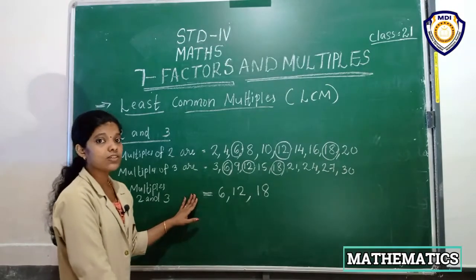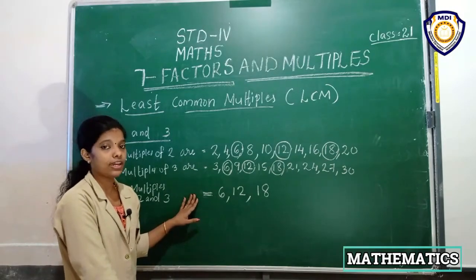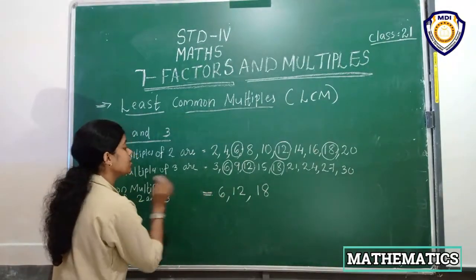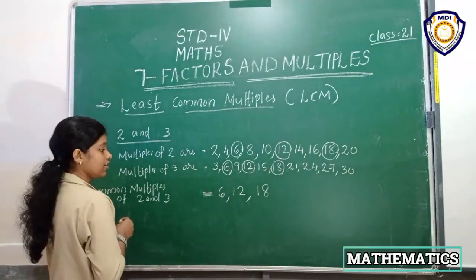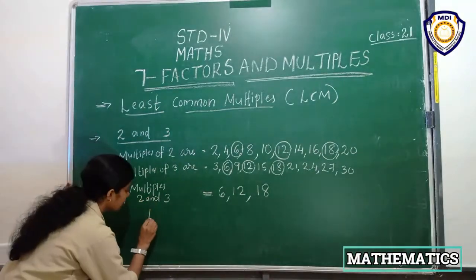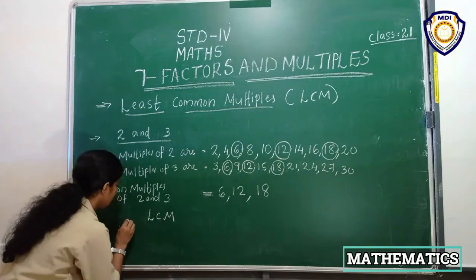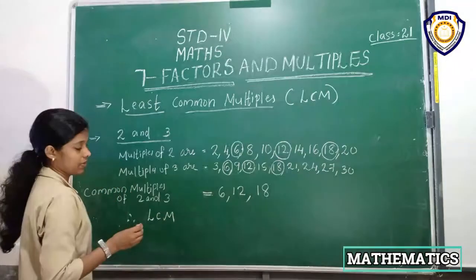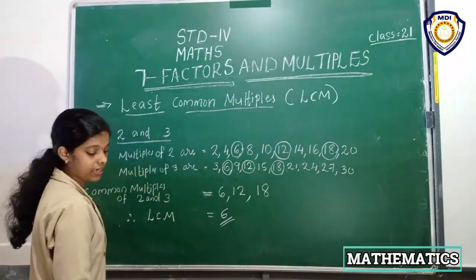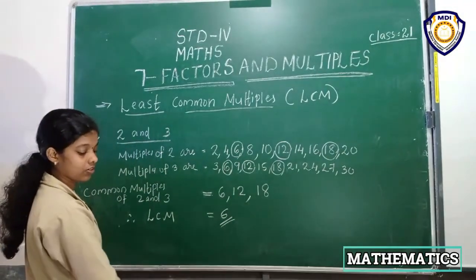Least number means smaller number. Among these numbers, which number is the smallest? 6 is the smallest number. Therefore, the LCM is 6.